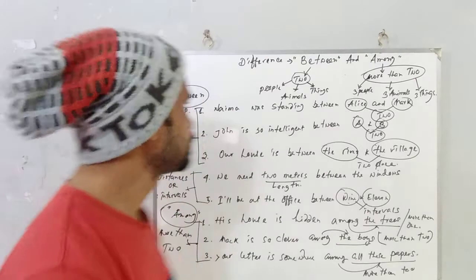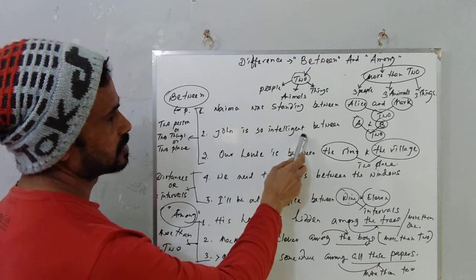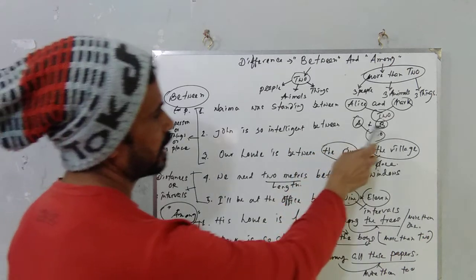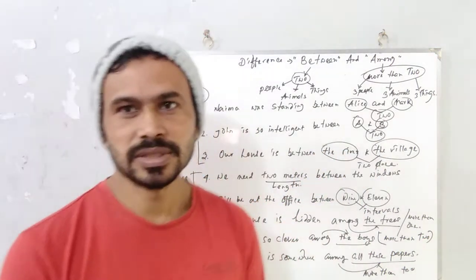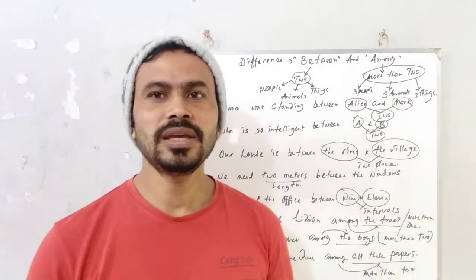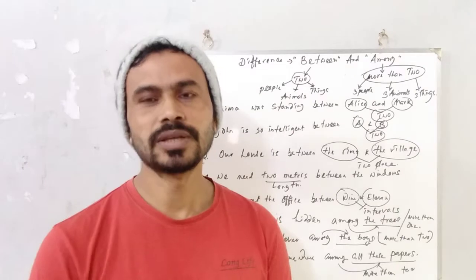Next sentence. John is so intelligent between A and B. A is someone, and B is someone.